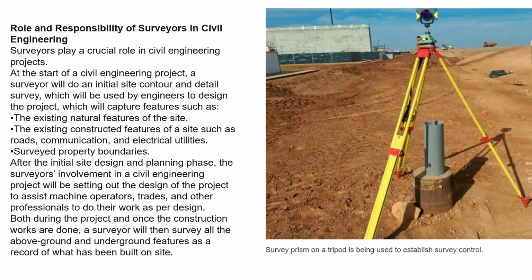Both during the project and once the construction works are done, a surveyor will then survey all the above ground and underground features as a record of what has been built on a site. Here you can see a survey prism on a tripod being used to establish survey control.